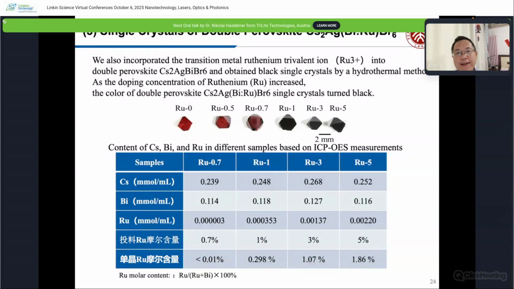We also incorporated the transition metal ruthenium trivalent ion into double perovskites and obtained black single crystals by a hydrothermal method. As the doping concentration of ruthenium increased, the color of double perovskite single crystals also turned from red to black.